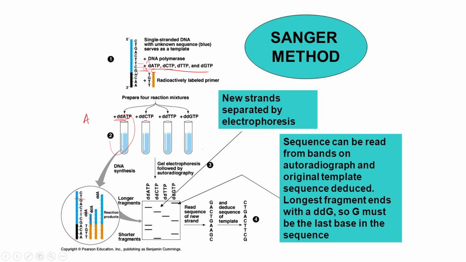That means after the primer, the first base is C. Then the second fragment is in the ddGTP, that means the second base is G. Similarly, the third one is A. Then again, the fourth one is A. Fifth is G. Sixth is T. Seventh is C. Eighth is A, and ninth is G. So, this is the sequence of the complementary strand of the template that we need to sequence.